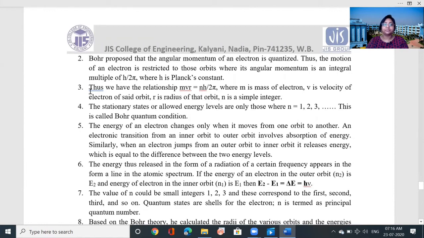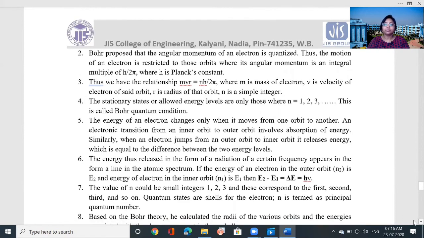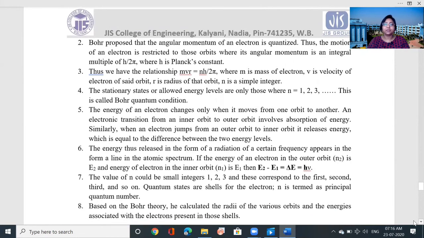Number 3, thus we have the relationship mvr is equal to nh by 2 pi, where m is the mass of the electron, v is the velocity of the electron in said orbit, r is the radius of that orbit, and n is a simple integer.